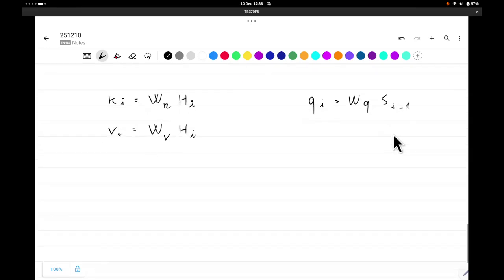So all these vectors are linear projections of states in the encoder or the decoder. And then we combine them basically as in this kind of single context thing. So we have the A_i.